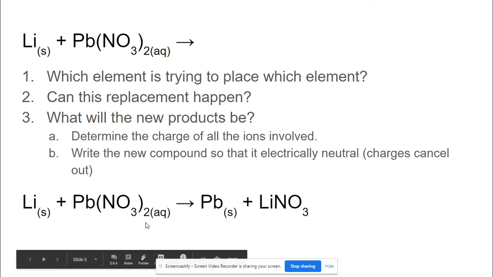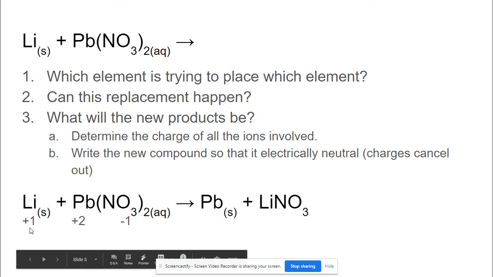Let me kind of lay that out here for you. Here's lithium's charge, +1. Lead in this case is a +2. We know that because it's combined with 2 nitrates, each are -1. So I have a total -2 charge, so that makes this a +2. And then, as I mentioned before, nitrate is a -1.